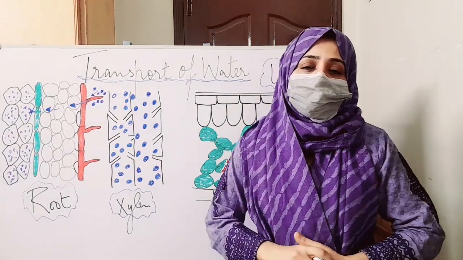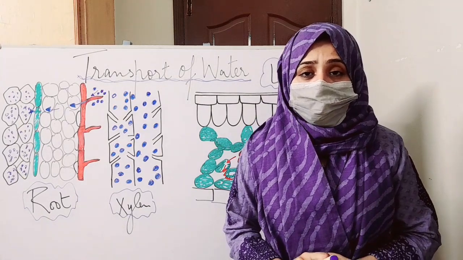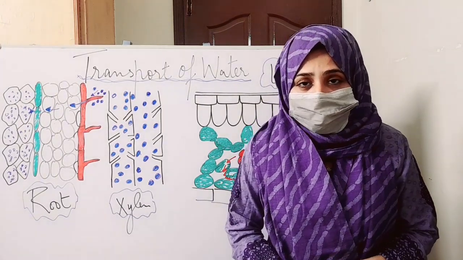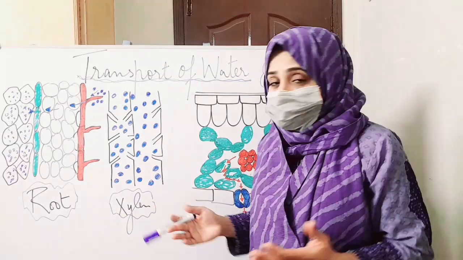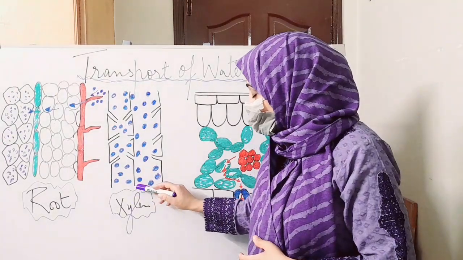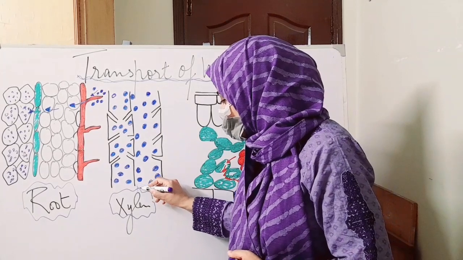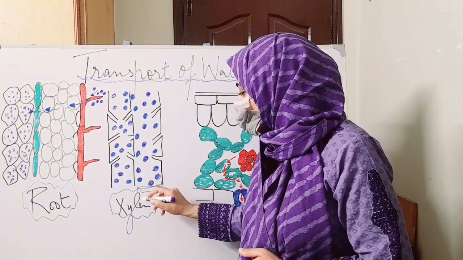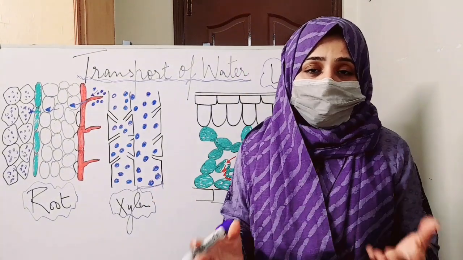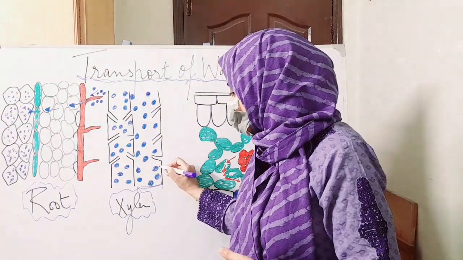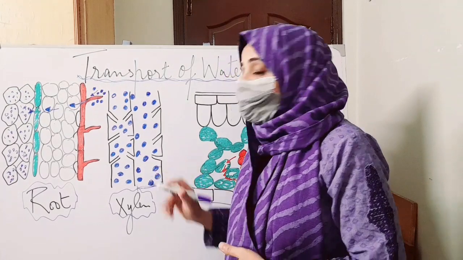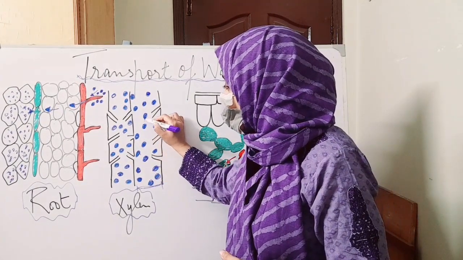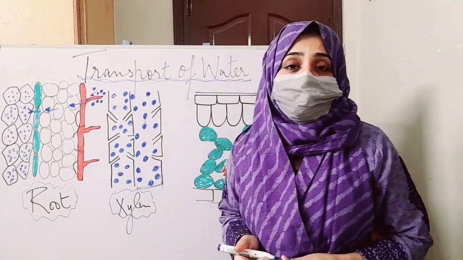The uninterrupted or continuous water column is created by the transpirational pull, which is supported by three factors. The first factor is the narrow diameter of the xylem tube. The second factor is the adhesion of water molecules with the walls of the xylem tube, and the third factor is the cohesion of water molecules with each other.